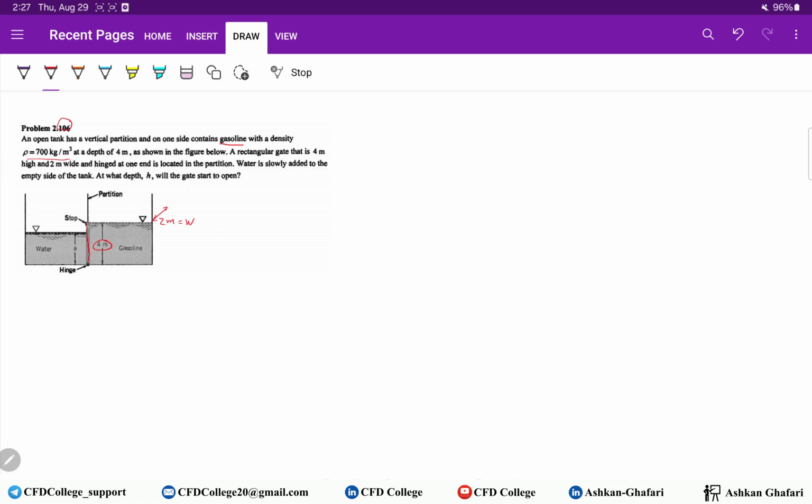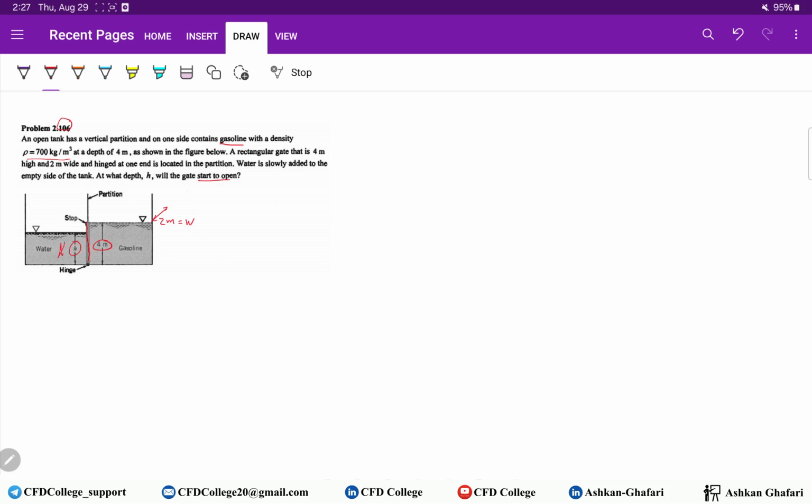So here we have the hinge, and this is the rectangular gate. Water is slowly added to the empty side here of the tank. At what depth H will the gate start to open?